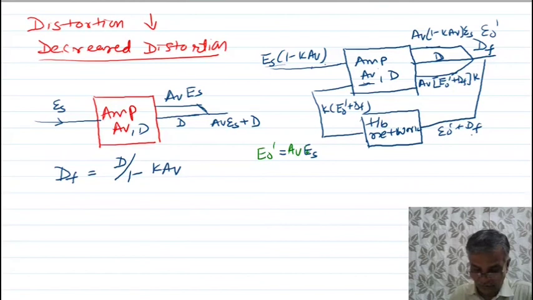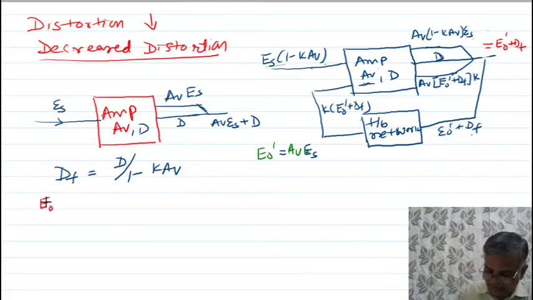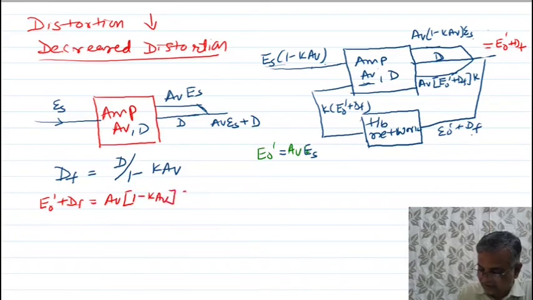So I can write EO dash plus DF will be nothing but AV into 1 minus KV into ES plus distortion D of the amplifier plus gain multiplied by your feedback signal.